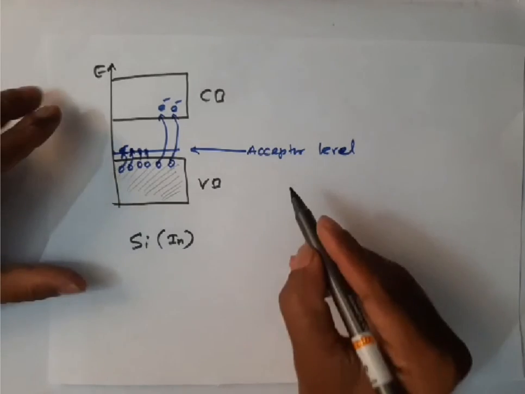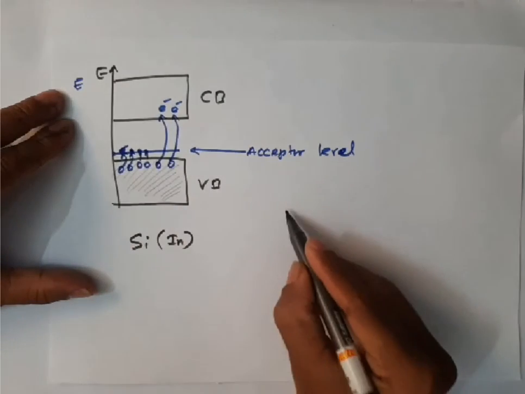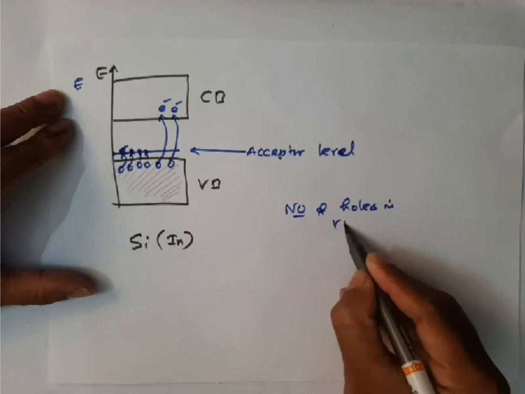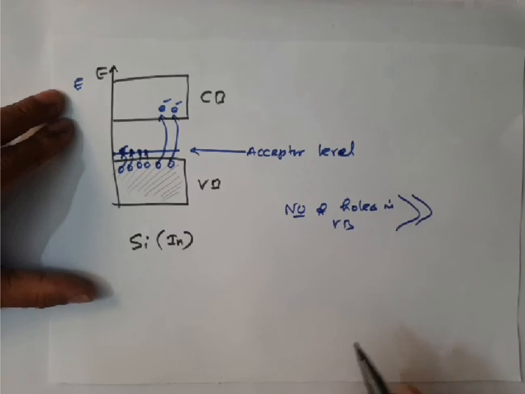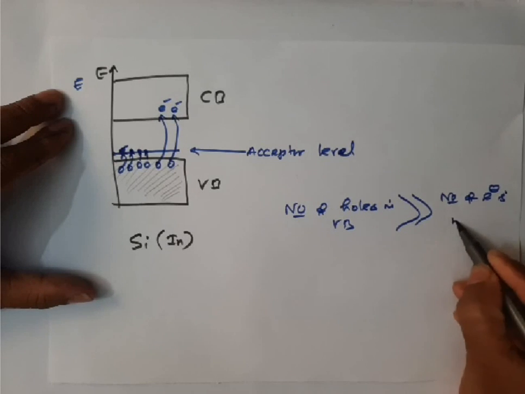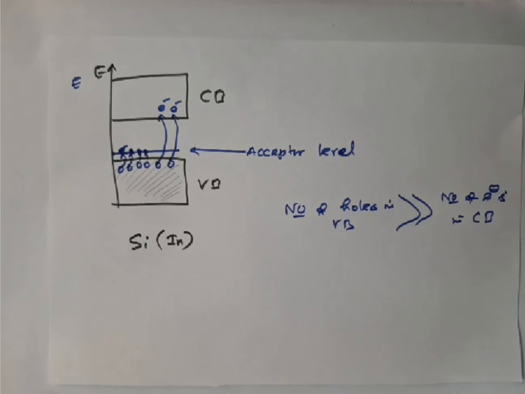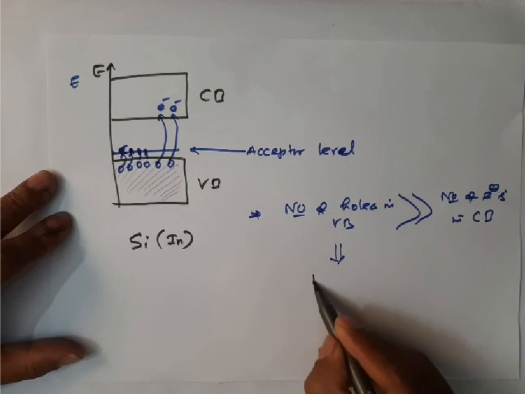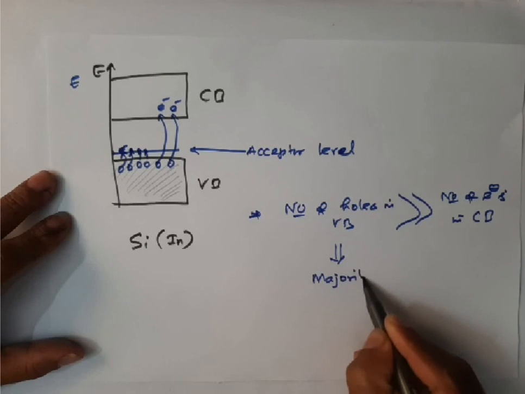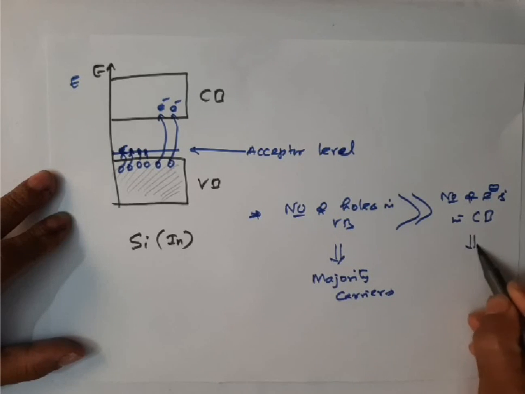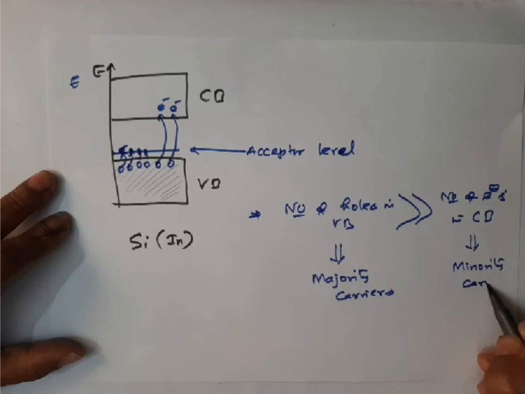So in p-type semiconductors, the number of holes in the valence band is very much greater compared to the number of electrons in the conduction band. So in a p-type semiconductor, holes are majority carriers and electrons are minority carriers because they are few in number.